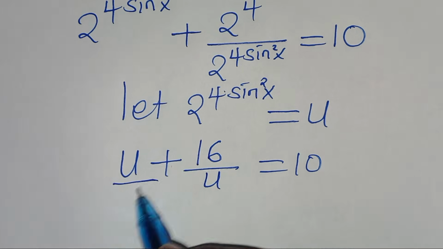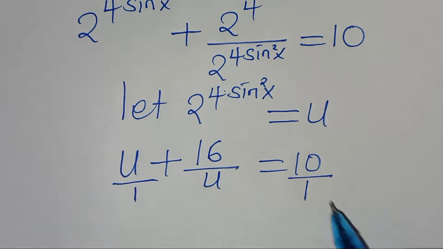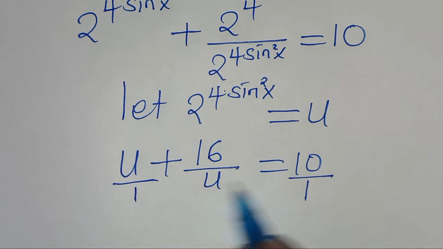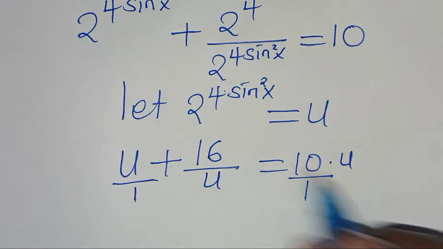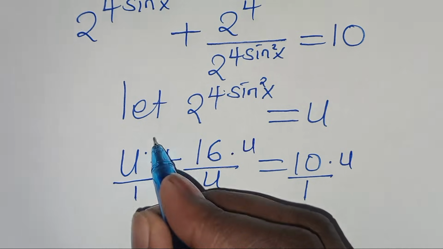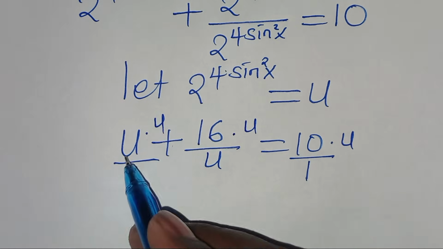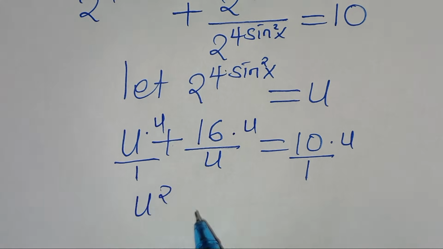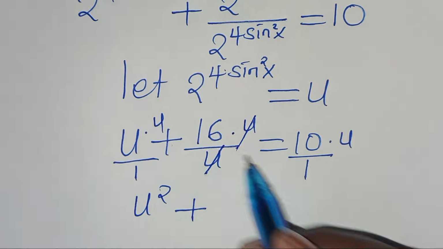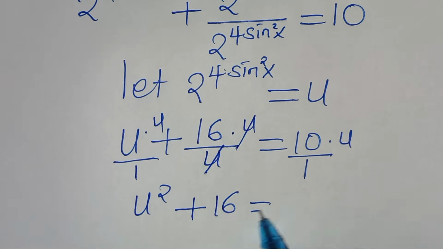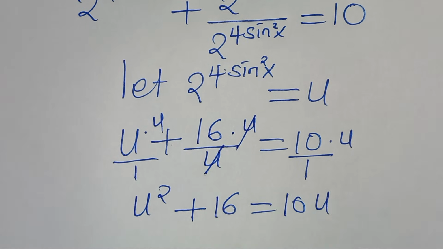Now, u is a whole number and 10 is a whole number, so this is over 1. Let's multiply by the LCM, which is u. u times u, this is u to the power of 2, then plus 16, this is equal to 10u.